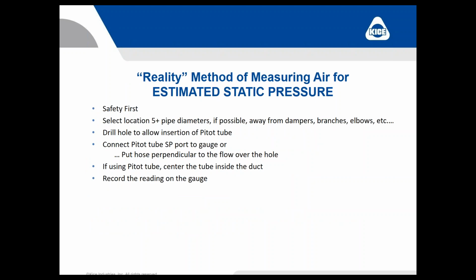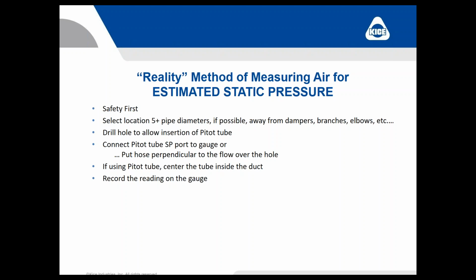Again, safety first. Try to select a location about 5 pipe diameters away. You drill a hole. For the most part, you just need to put your hose perpendicular to that hole over the flow, and your pressure gauge for static pressure is going to read. Okay? If you use the pitot tube, you center that tube inside the duct, and there are inch marks on a pitot tube. So I always tend to go to one end, and let's say it's an 8-inch tube.